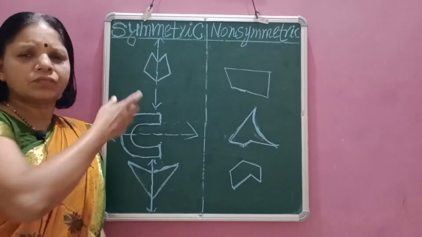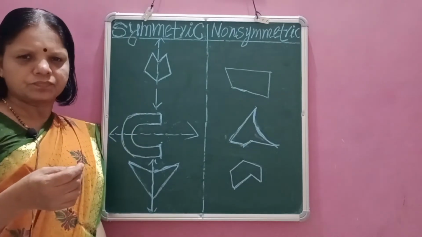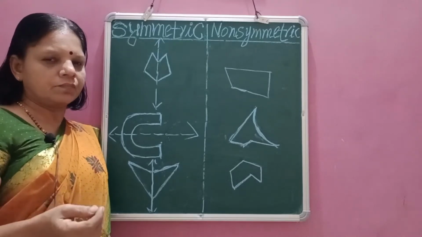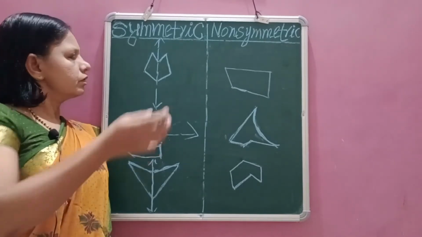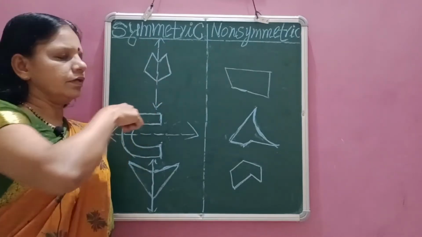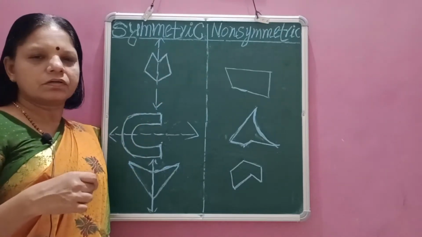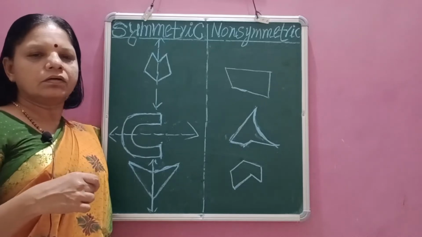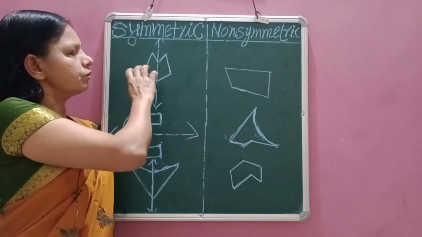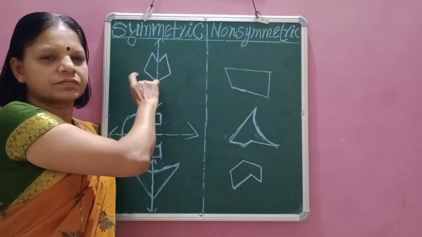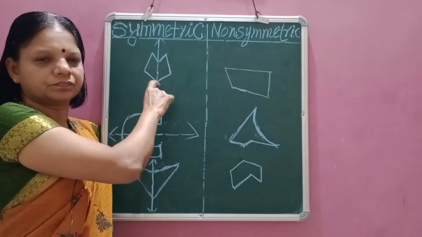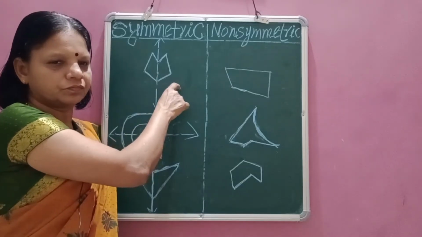There is a figure of any shape. We cannot name which type of figure. So you can see a line drawn along the figure. Look at both the parts of the line of the figure.